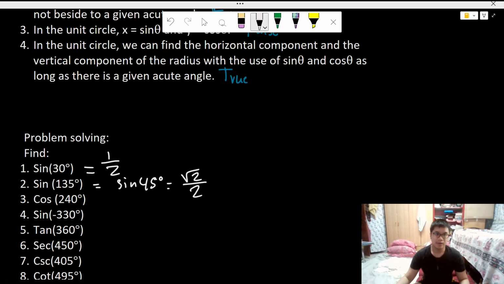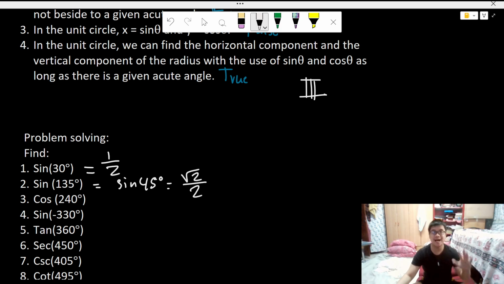Okay, so how about the third one, which is cosine 240 degrees? This one is similar to the previous problem we solved. It's beyond 90 degrees, so what are we going to do? First and foremost, locate where 240 degrees is. You see 240 degrees is actually in the third quadrant.